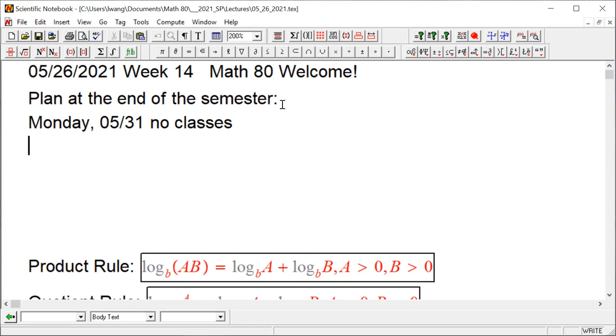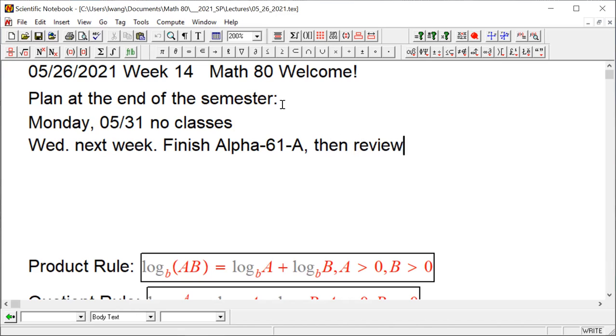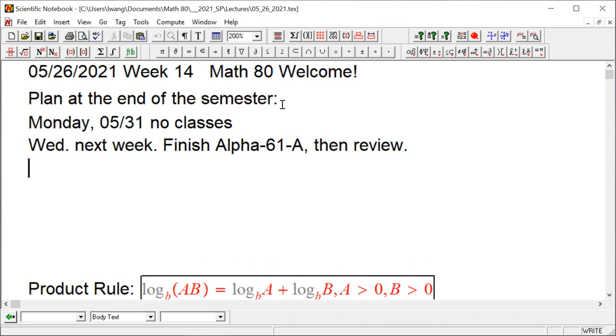And Wednesday, there's a class. We're going to have 2 parts on Wednesday next week. We're going to finish up the exercise in Alpha 61A, and then review for the semester.